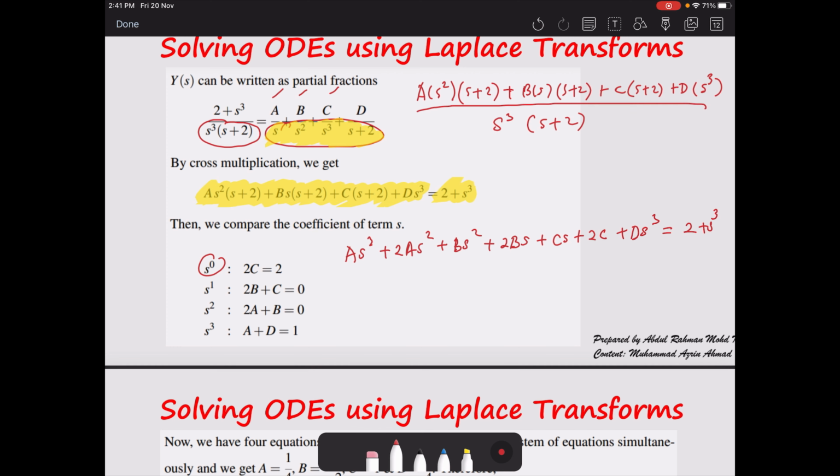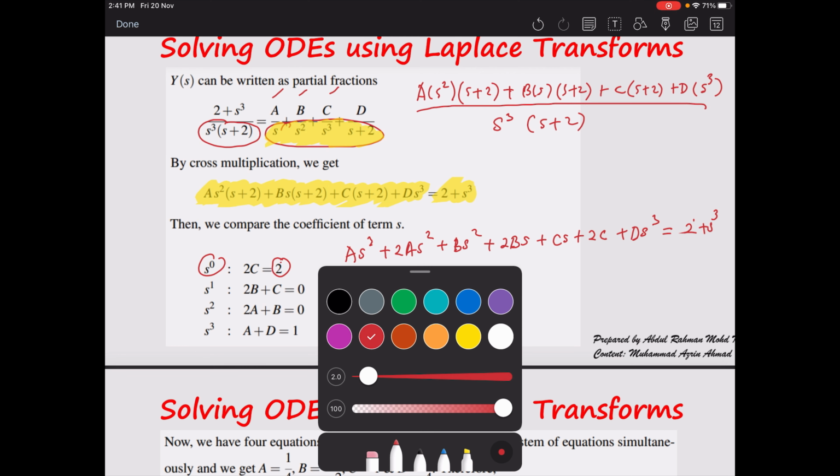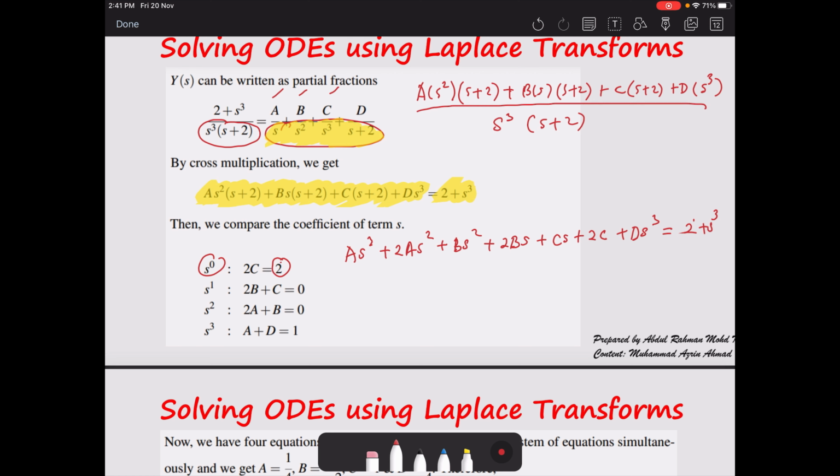You can see that for the s power of 0 in the right hand side over here, it's equal to 2, and for the left hand side, for the constant, we only have this one. So we have 2C is equal to 2, and it's done for this one.